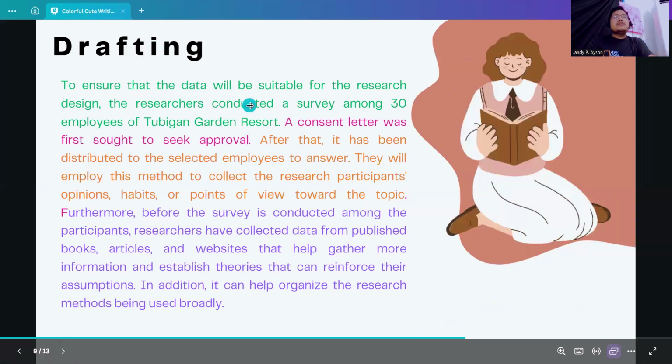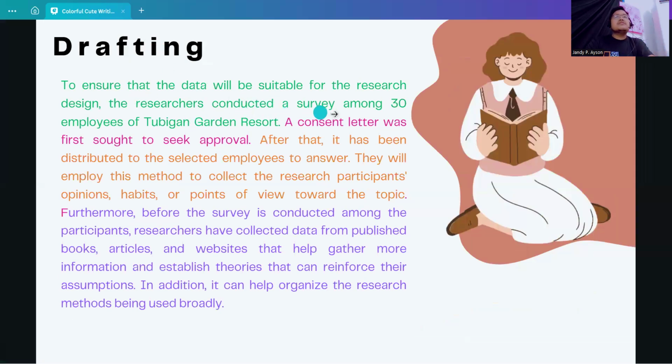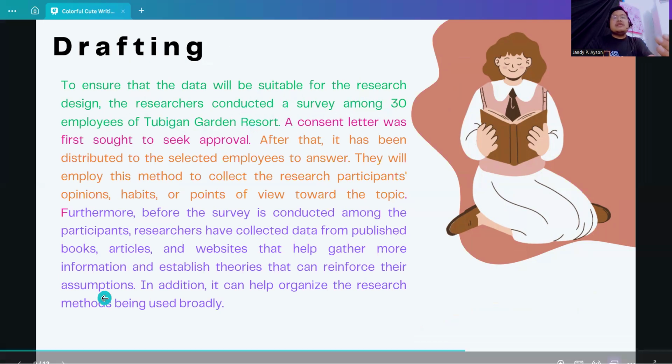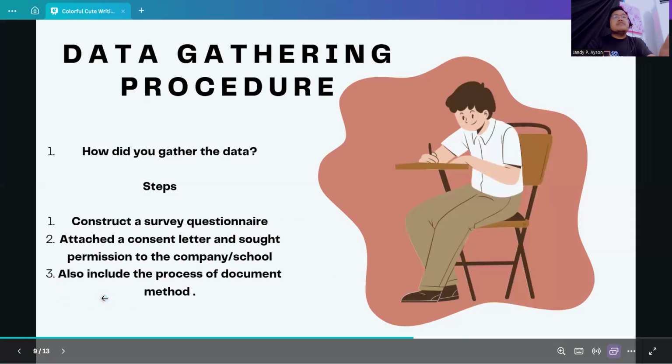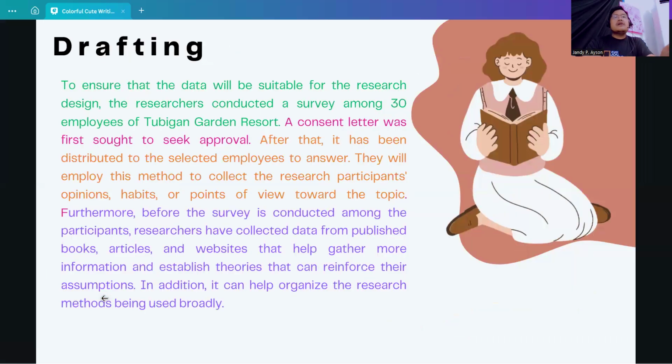So to ensure that the data will be suitable for the research design, the researchers conducted a survey among 30 employees of the Bigan Garden Resort. Pero sabi ko nga kanina, mas maganda if construct a survey questionnaire. Doon kayo magsisimula. To ensure that the data will be gathered from its desired or target population, the researchers conducted a two categorical survey questionnaire, which was pilot tested and checked for reliability test.